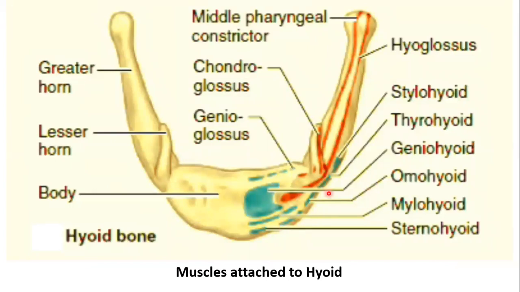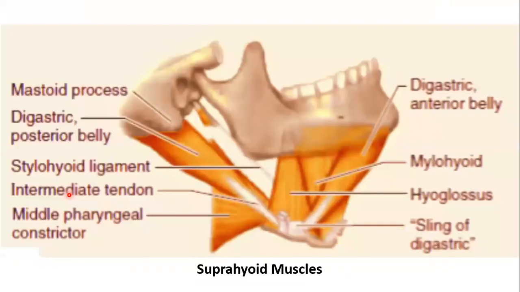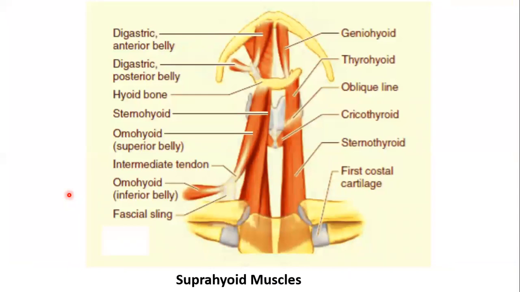So these are the four suprahyoid muscles in these various diagrams. This is the digastric anterior belly, and this is the digastric posterior belly. This is the intermediate tendon, in the form of a sling, attached to the hyoid bone.